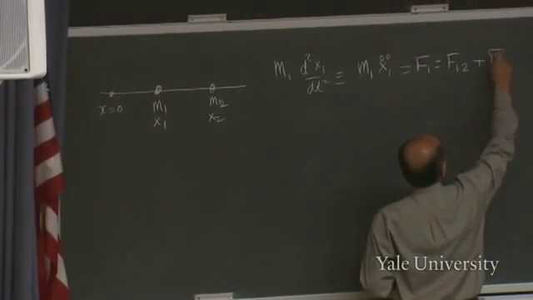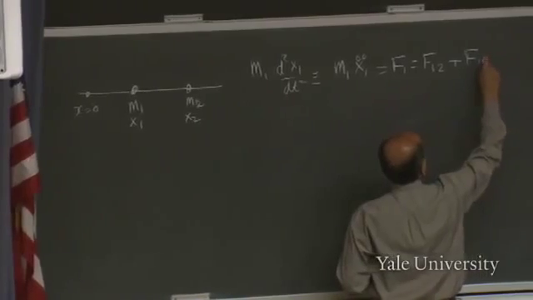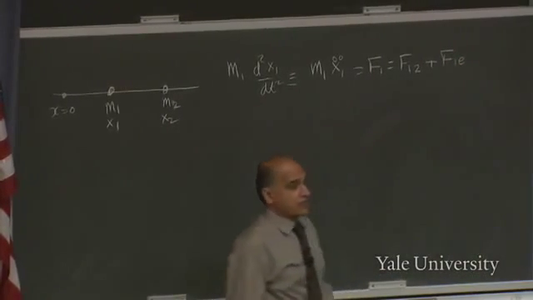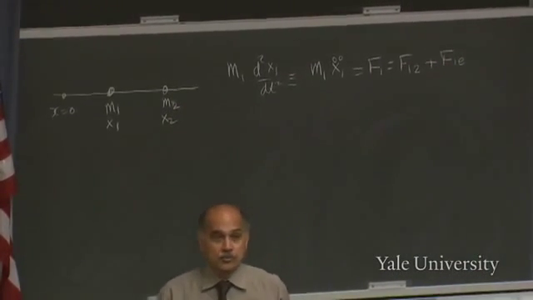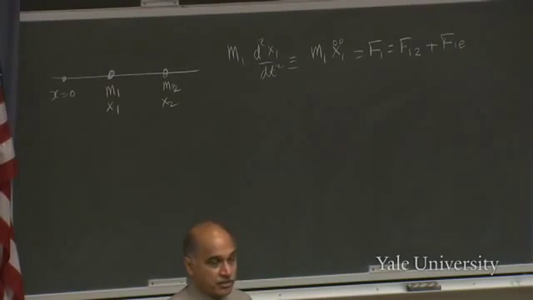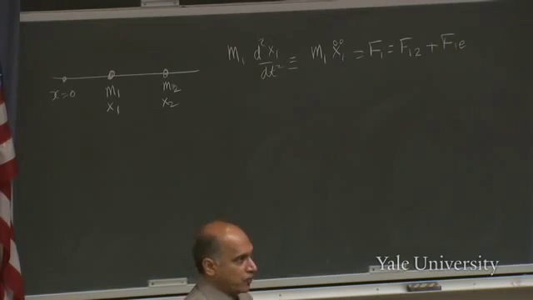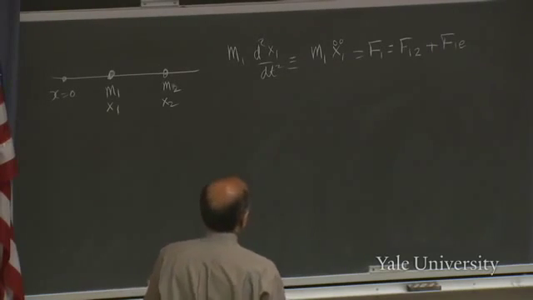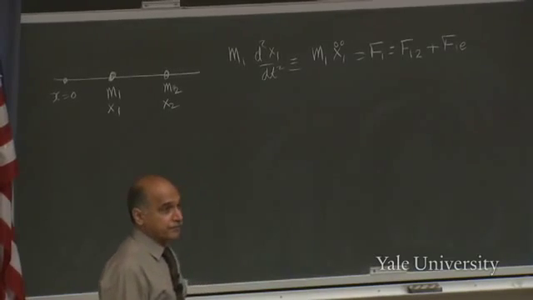Then there's the force on 1 due to the external world. E stands for external. That means everything outside these two. So the universe has many bodies. I've just picked these 2 guys. They're 1 and 2, and the force on 1 is some of it's due to 2, and some of it's due to everything else.